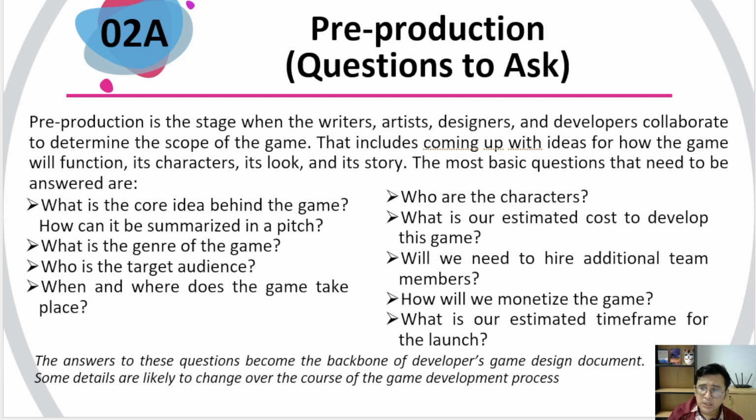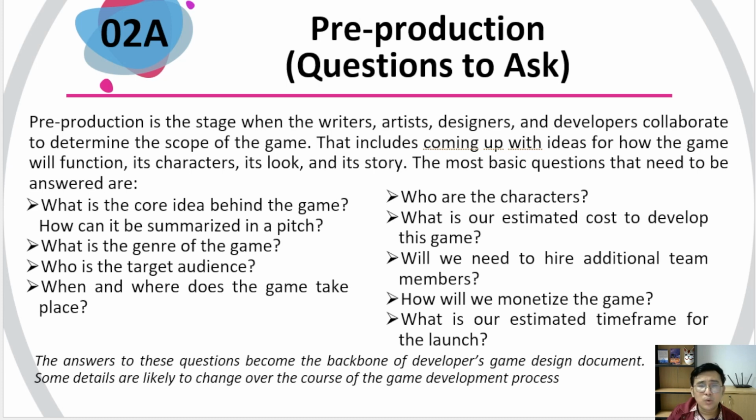The next question is, when and where does the game take place? As I mentioned in the synopsis, we also need to have the lore of the game. Instead of urban legends, maybe you want to have historical sites. That's fine too, as long as we don't infringe the copyrights of other people's property.